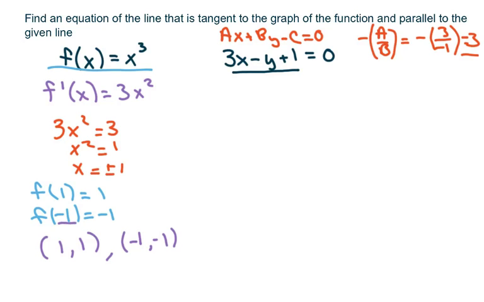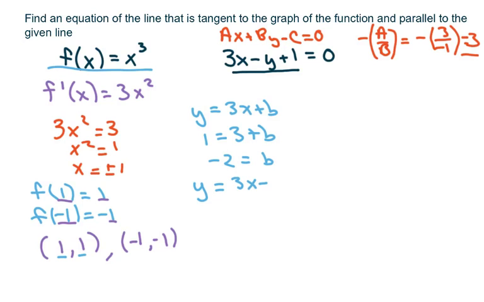For the first equation, we write y equals 3x plus b, and plug in 1 and 1. So we get 1 equals 3 plus b, therefore b is negative 2. So one of our equations is y equals 3x minus 2.